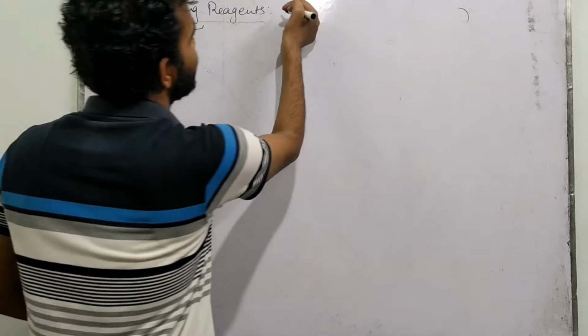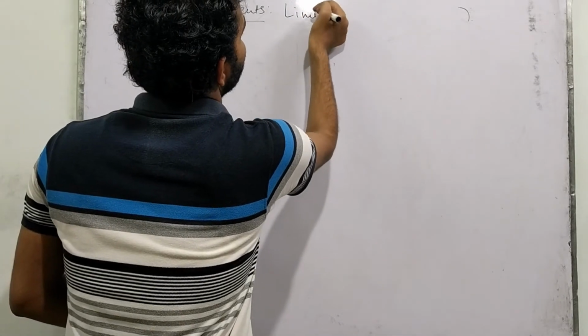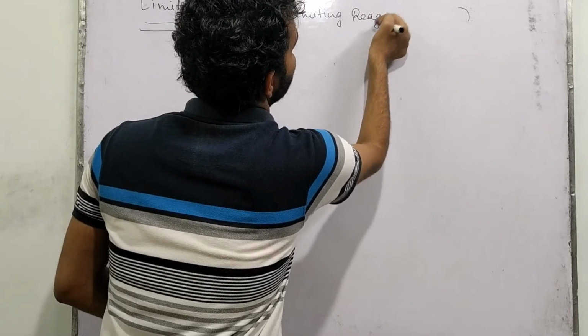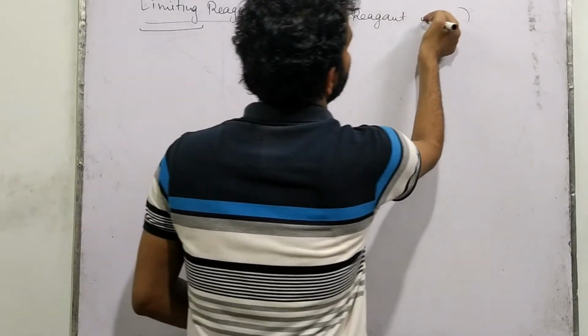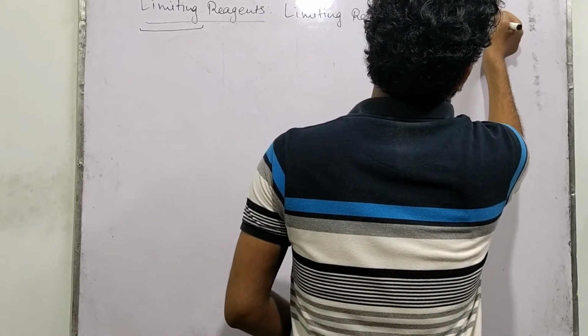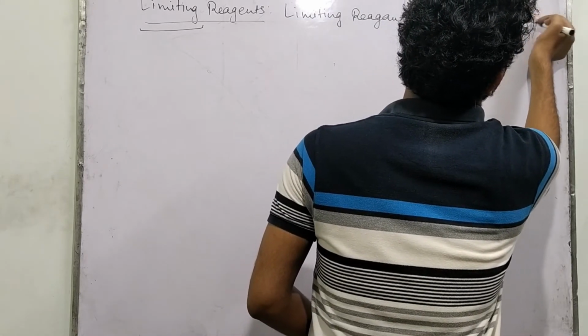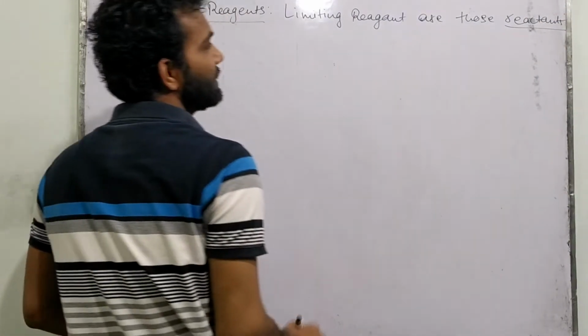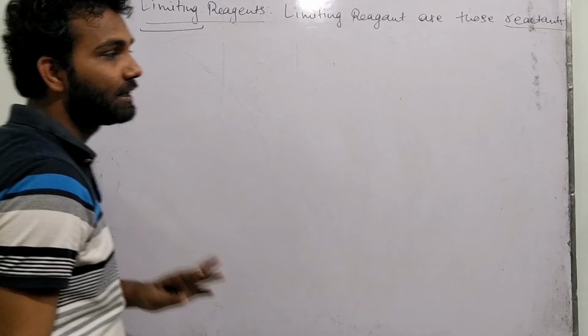So if we define this, limiting reagents are those reactants. We study limiting reagent only for the reactants, not for the products. Always the limiting reagents are your reactants.